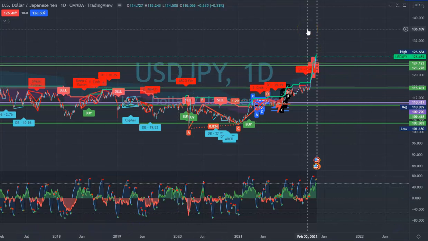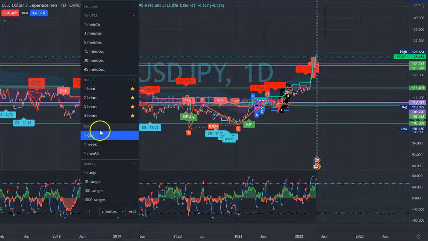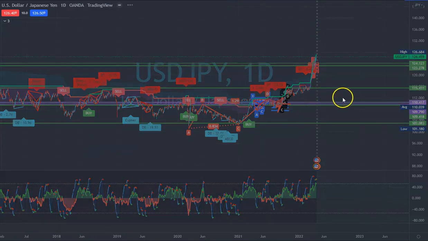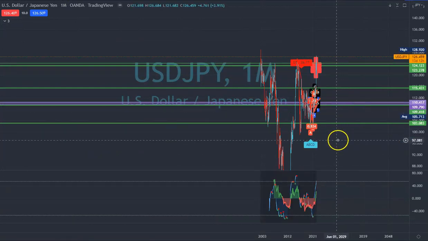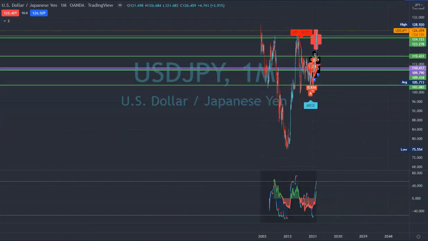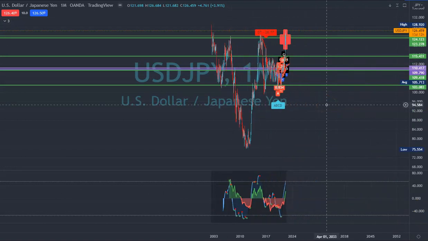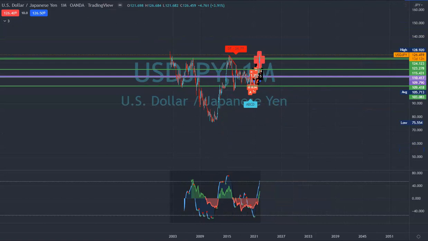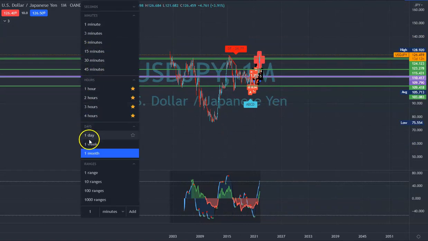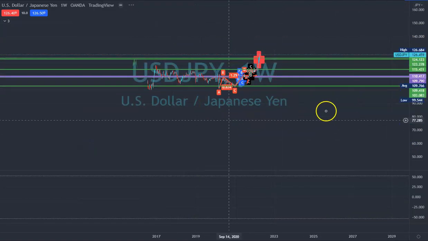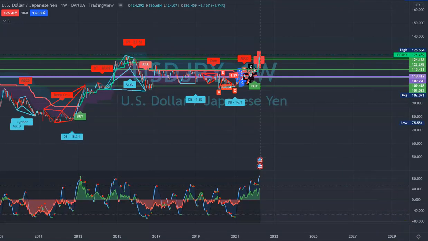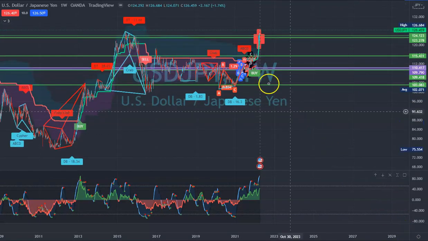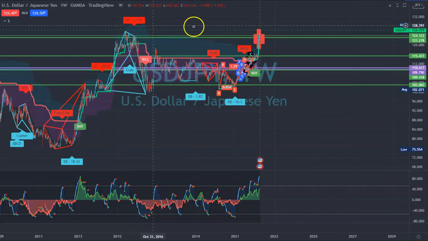Alright, so what's the real target on USD JPY? I mean, what the hell is the real target? I'm past my target already, which is here, right?